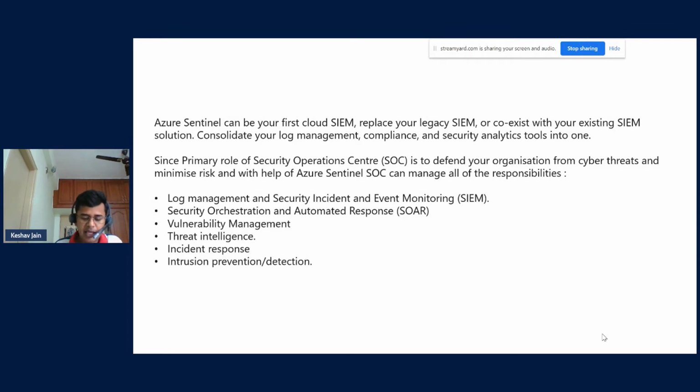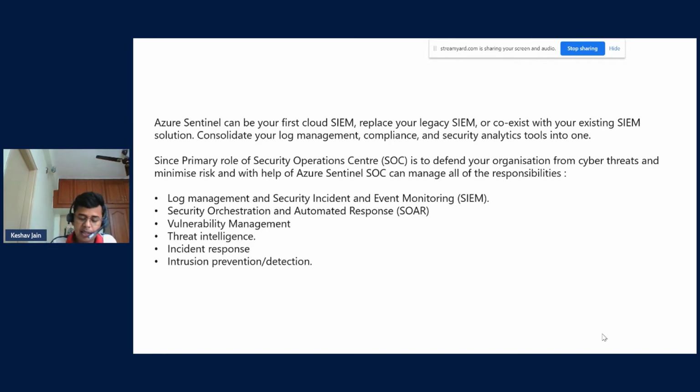With Sentinel, it is capable of helping your SOC, security operation center. Sentinel is capable of bringing Microsoft's own products together. With the help of the Graph Security API or other things, you can tie all the Microsoft products together.